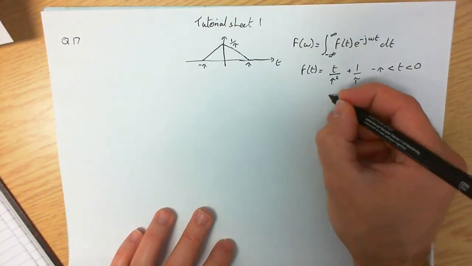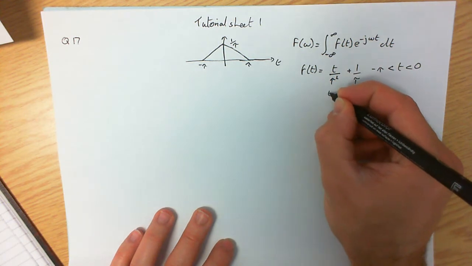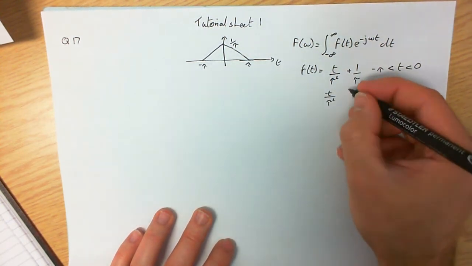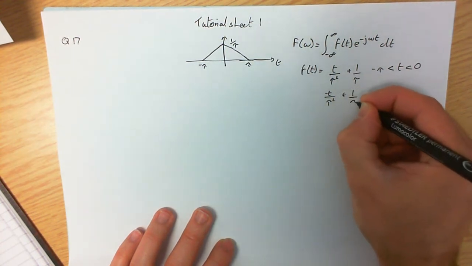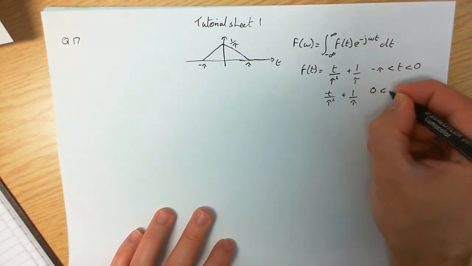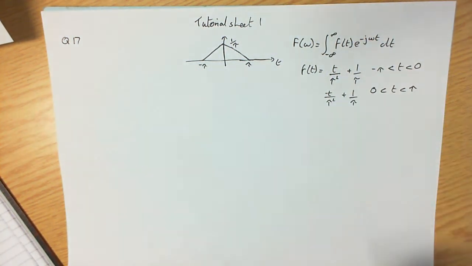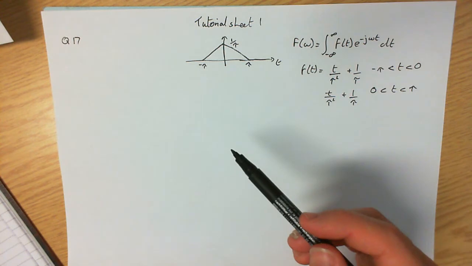And then for the second part you get the same gradient, but it's negative, so you get minus t over tau squared plus 1 over tau. So those are the equations that we've got to work out.